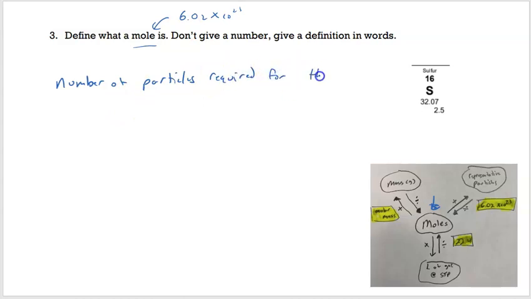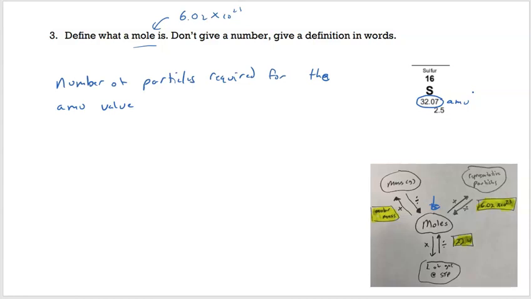It's the number of particles required for the AMU value. So again, this value right here, 32.07, that's the mass of 1 atom. And that value would be in atomic mass units. This is an exceptionally small unit that we cannot measure on a balance. It is a relative scale, so things are measured relative to the carbon atom.